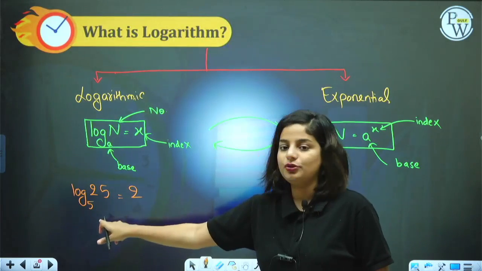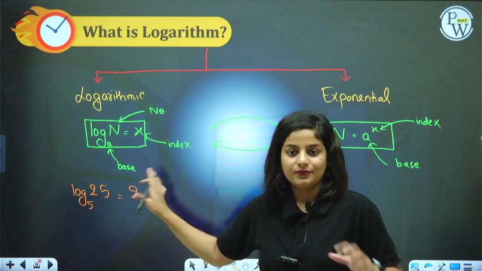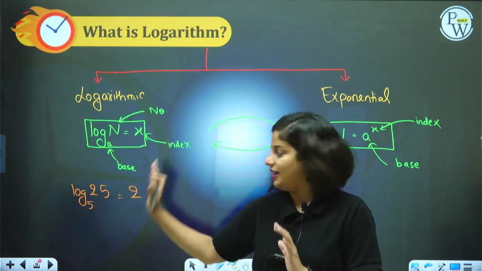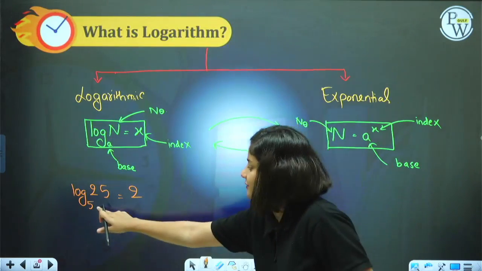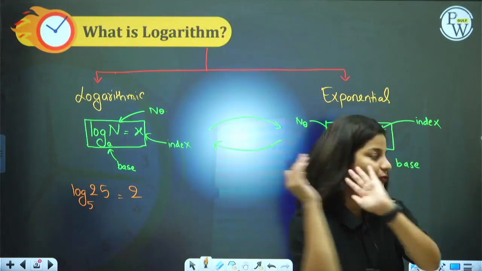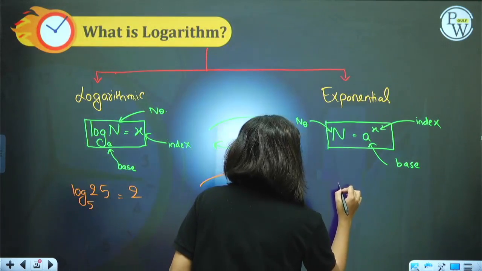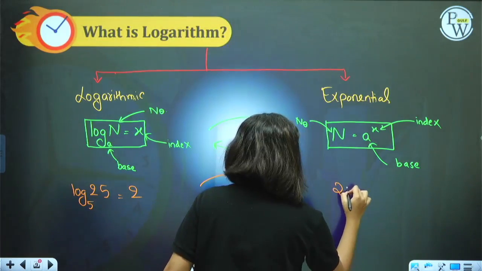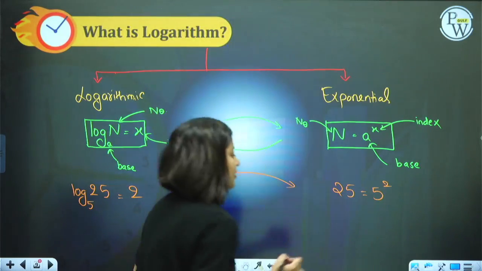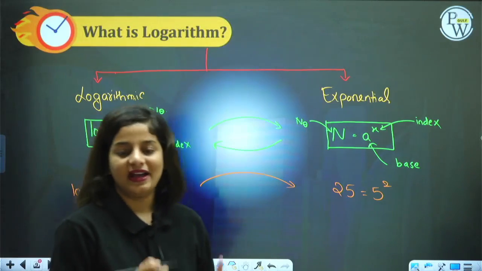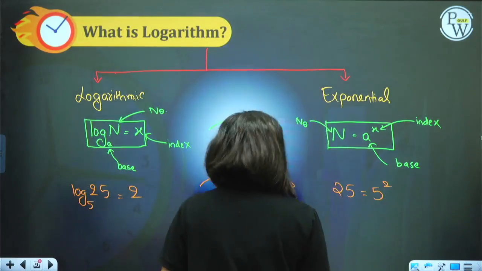Base, index, number. The index will go up. When log goes away, this 5 comes on the right and pushes 2 upwards, and its exponential form will be 25 is equal to 5 squared. Understanding?